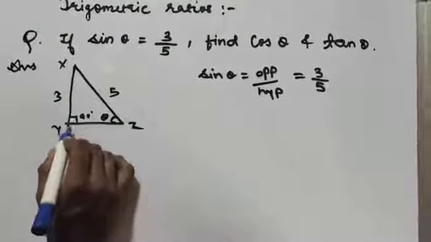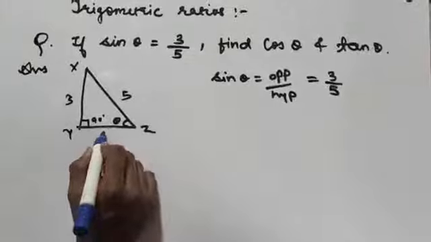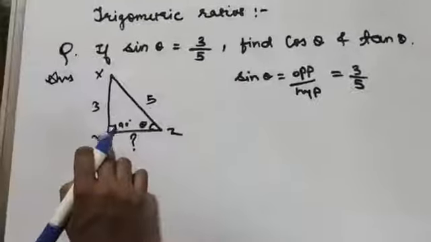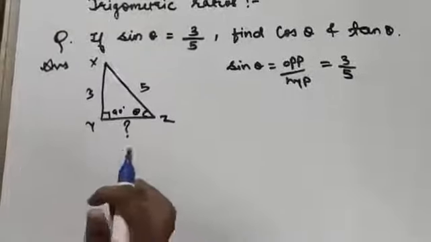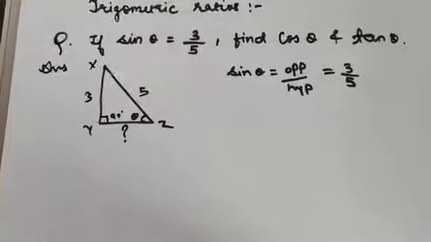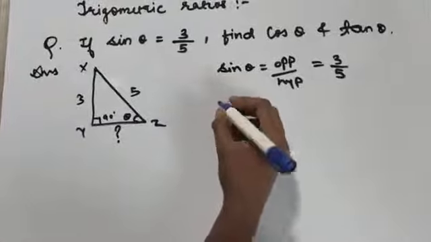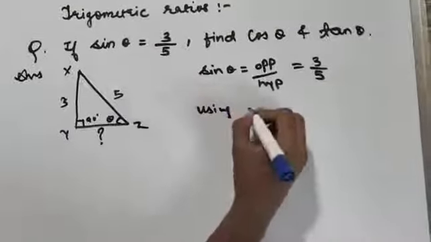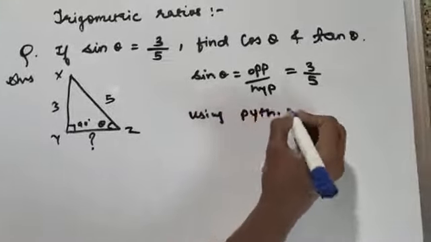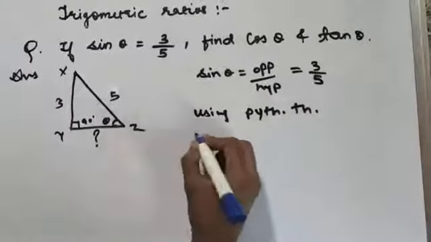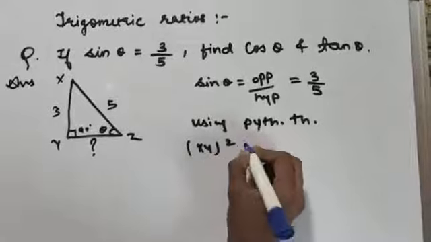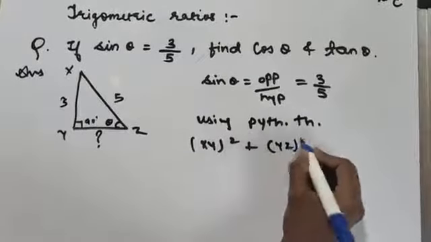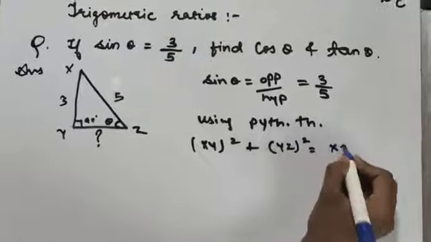Okay, and the length of YZ we don't know, it is unknown. So we'll first find the measure of side YZ by using Pythagoras theorem. Okay, so let's use the Pythagoras theorem, which states that XY square plus YZ square is equal to XZ square.